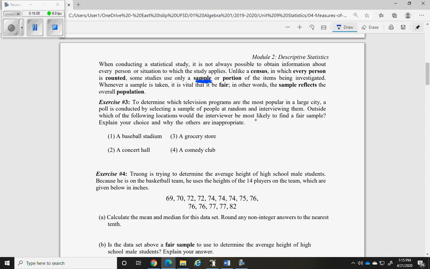I might want to ask a small group of people, see how many of them do their homework every night versus how many don't, and then hope that the sample I took refers to the whole population. So that's what statistics is all about. We don't usually survey everyone in the world. We have to take a small sampling and hope that the sample I chose represents the rest of the people properly. So that means you have to take a fair sampling.